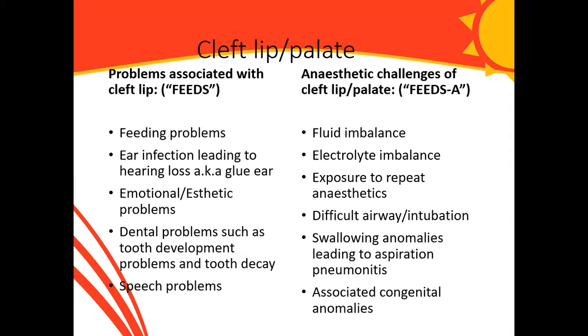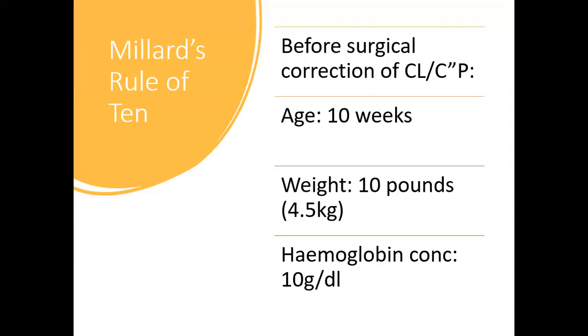Don't forget that you may have a difficult airway or difficult intubation. This patient may have problems with swallowing, so the risk of aspiration pneumonitis is always there. And you must always look out for other associated congenital abnormalities.